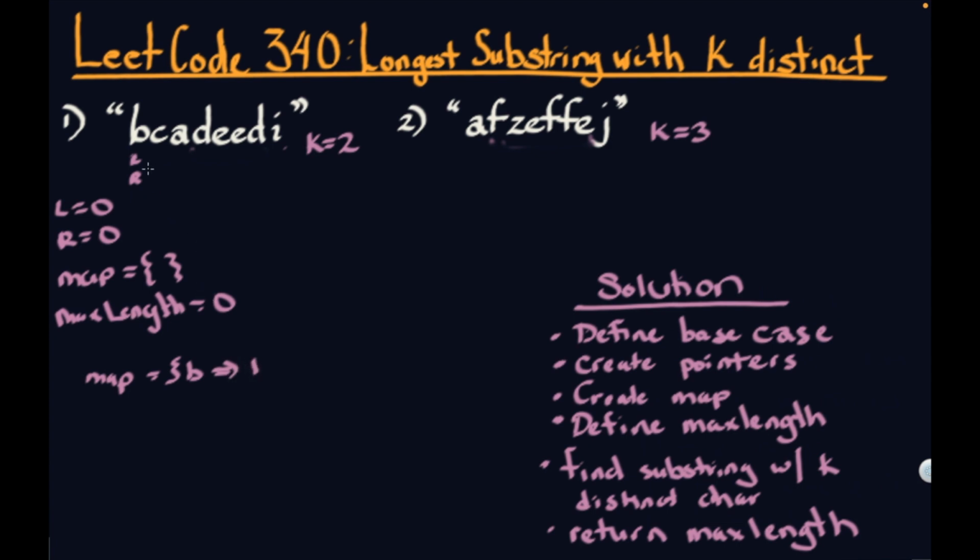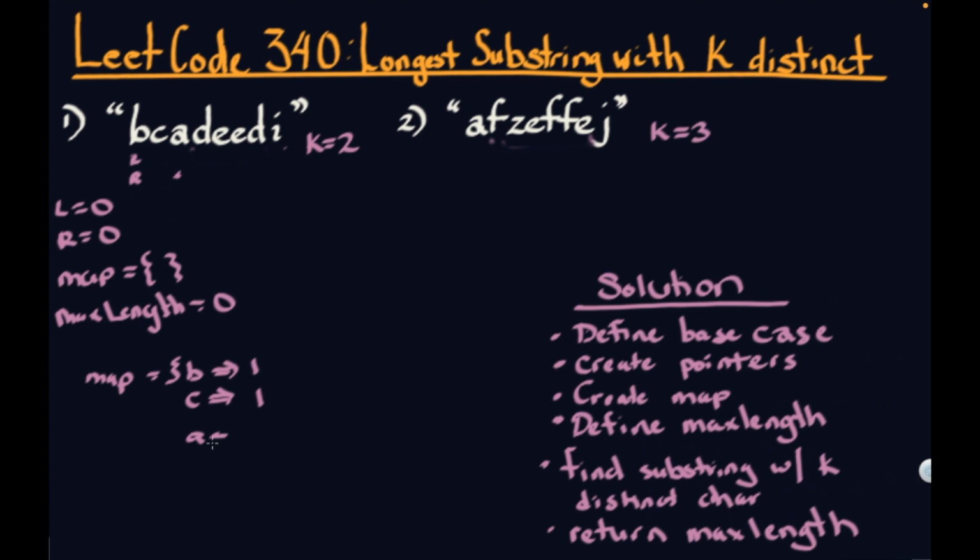And then we're going to go to C, and we're going to give it a value of 1. We've only seen 1 C so far, right? And then we're going to keep going, and we're going to hit this A. We're going to hit that A, and then we're going to break the condition that we set, which is that the map size can't be greater than the k distinct characters, right? So we're going to add this to the map, right?